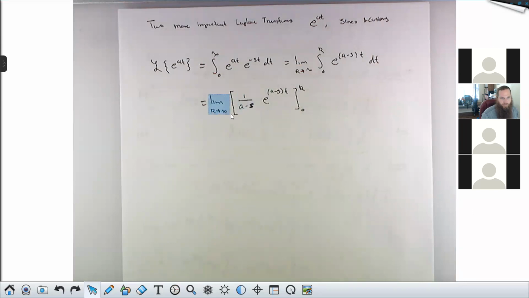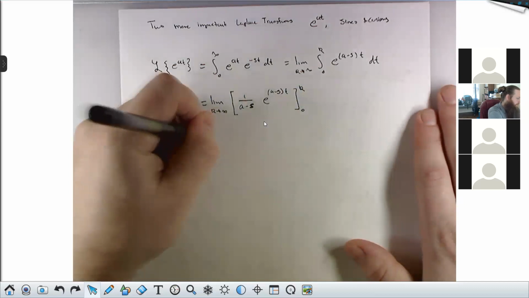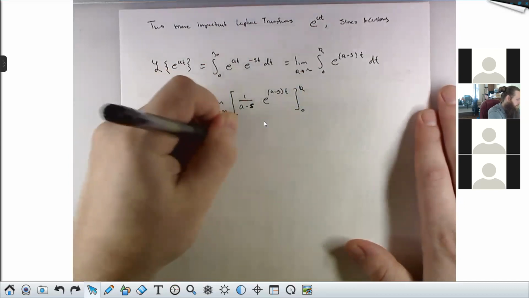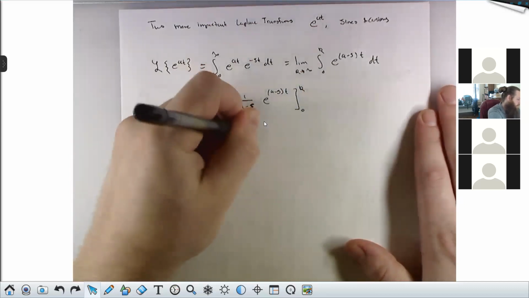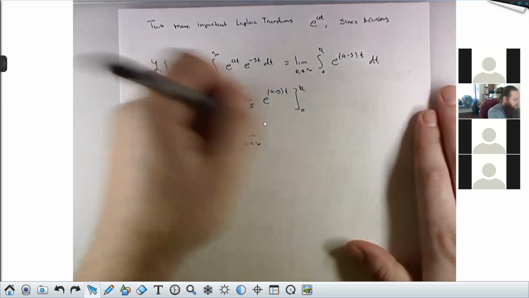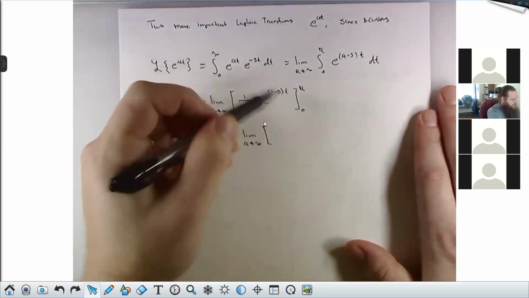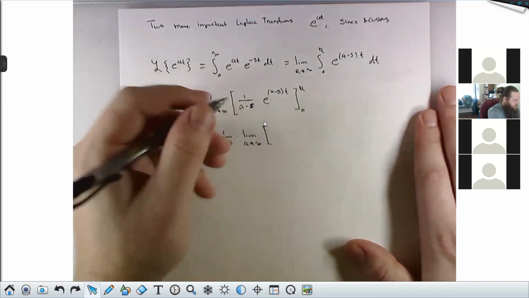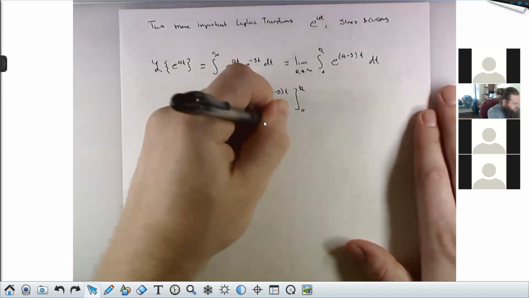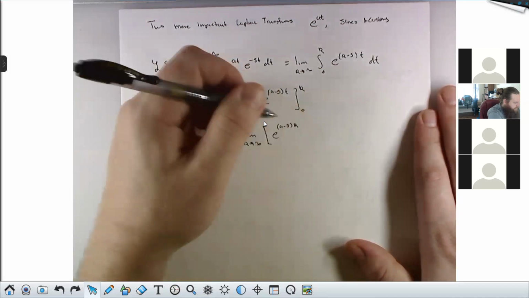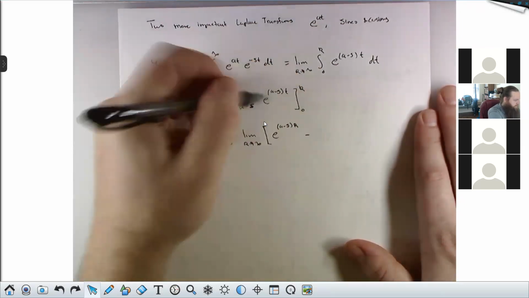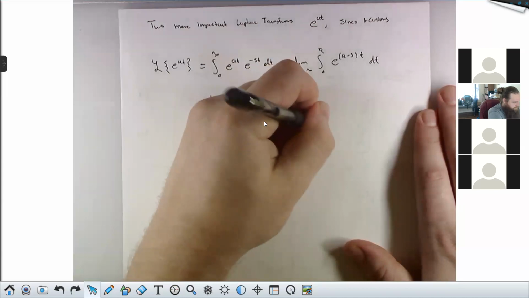The limit is in r. The evaluation bracket here is in t. So the a and the s are both constant with respect to the two calculus operations going on. So it'll come out: 1 over a minus s times the limit as r goes to infinity. And then I'll plug in r for t and 0 for t. And I get e to the (a minus s) times r, minus e to the (a minus s) times 0, which is just 1.